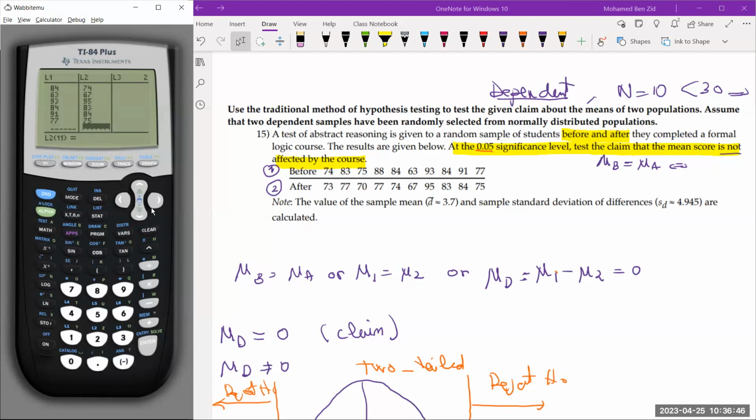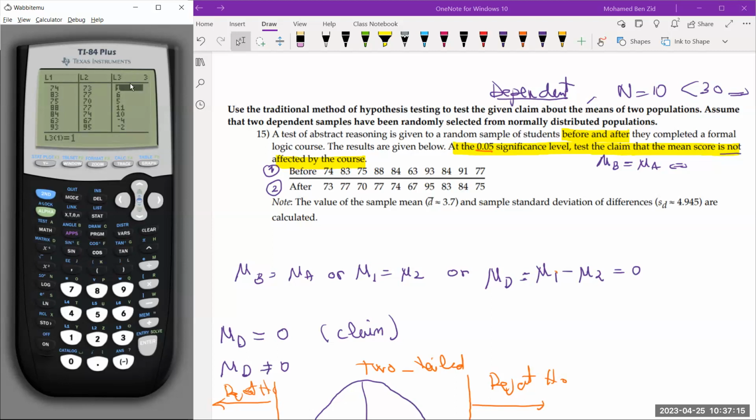All right, once you enter all the values there, you're going to go to L3, but you have to click the arrow up and enter, so you highlight L3 and enter, right? Once you are there, you type in second L1 minus second L2 and enter. As soon as you press enter, L3 is going to be the difference of the values.